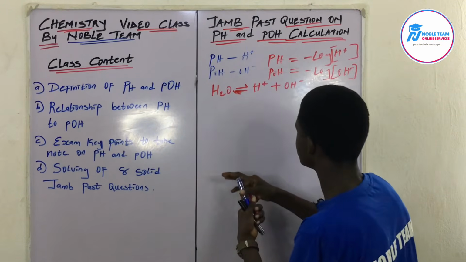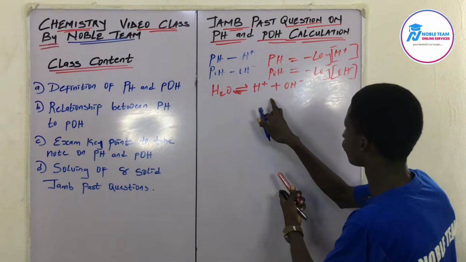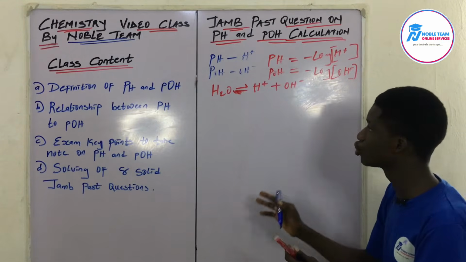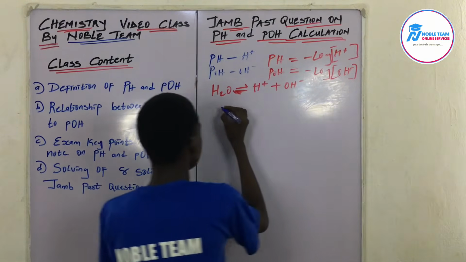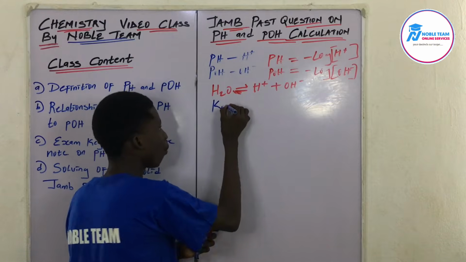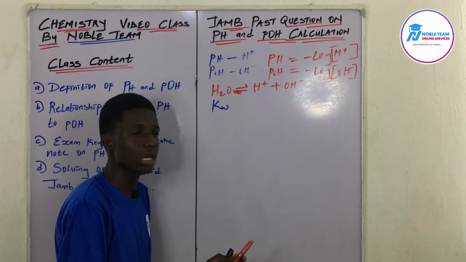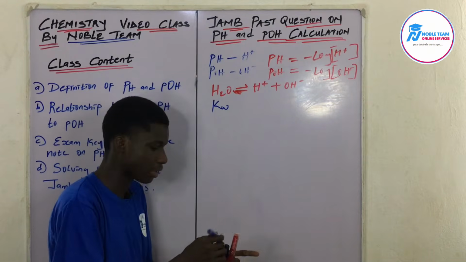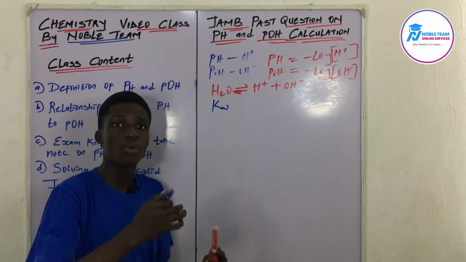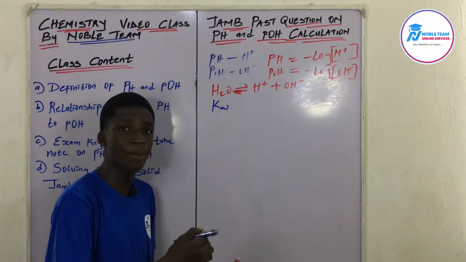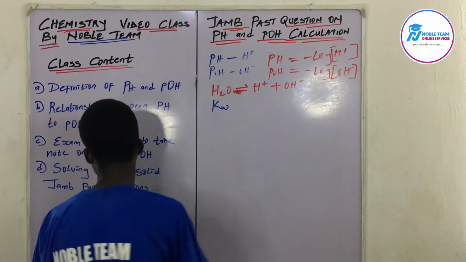I have this H2O, then H plus and OH minus. Now, how am I going to be solving this? I'll name this Kw. What do we call this Kw? We call it the dissociation constant. We have a number that is constant that we use to get this.